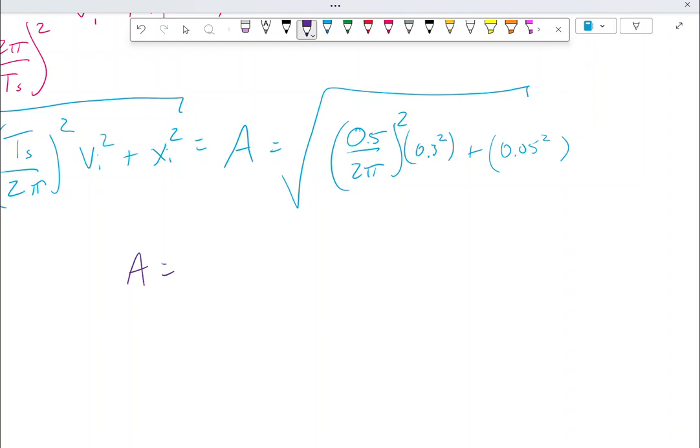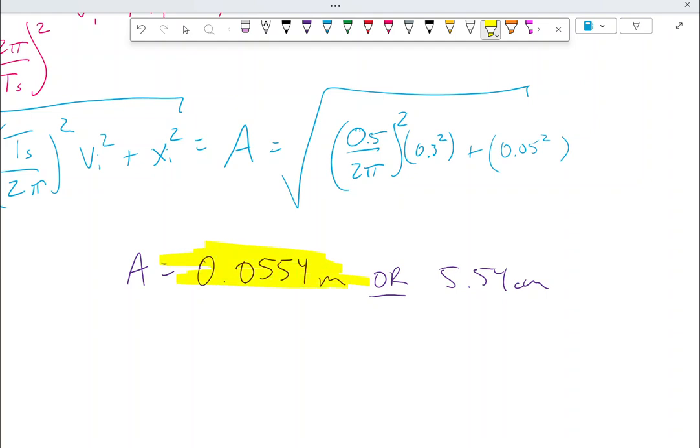And so I get an amplitude of about 0.0554 meters, or that's 5.54 centimeters. I'm sure I could have just kept the centimeters, but I get paranoid and I like to convert to meters because I know those always work. Okay, so there you go.